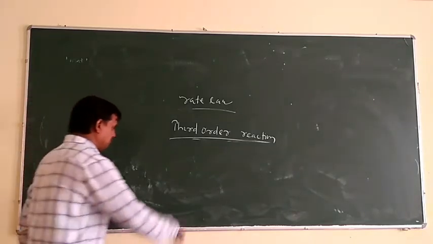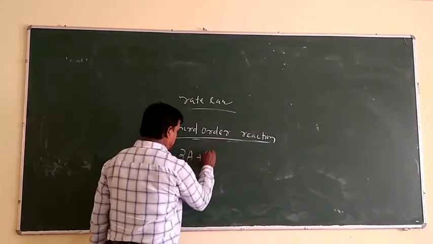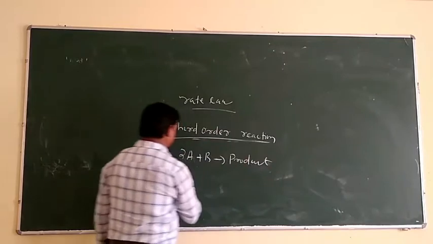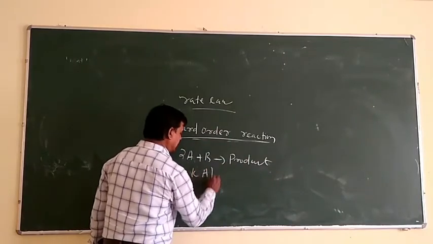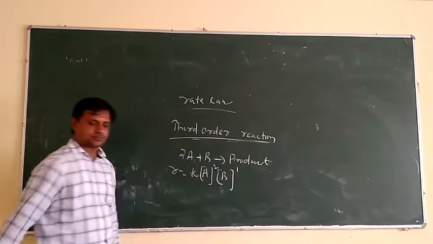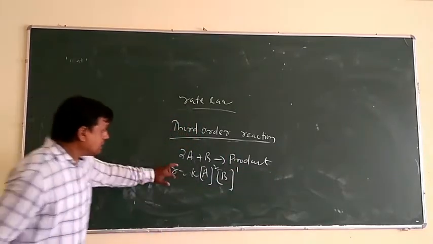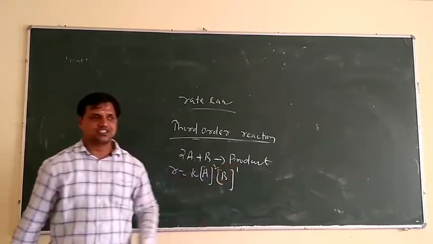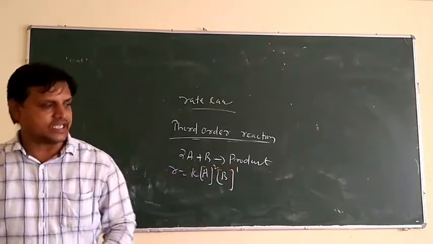For example, 2A plus B gives product. So we can write the rate law equation R equals K A square B to the power 1. If the rate law equation is this, then the order is 2 plus 1, 3, which means third order reaction.